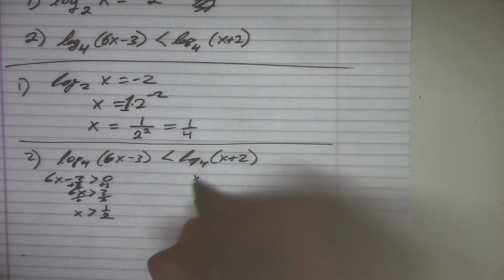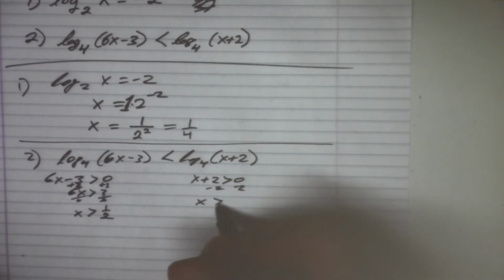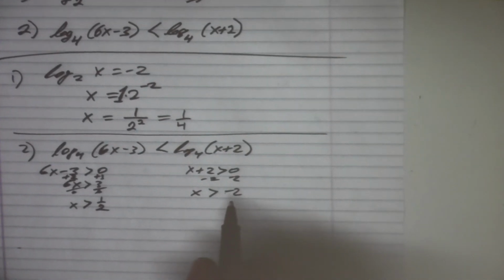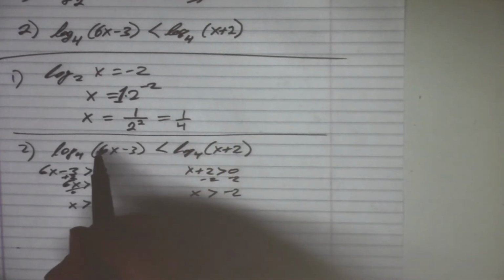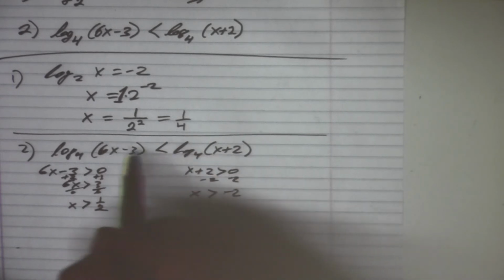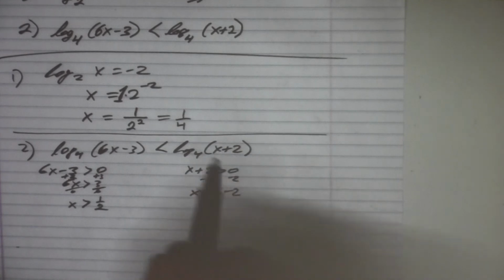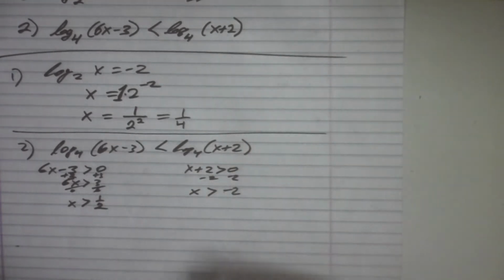Over here, x plus 2 must be greater than 0, so x must be greater than negative 2. So it's possible that we could have a negative for the x, if it also fits with the solution that we get.